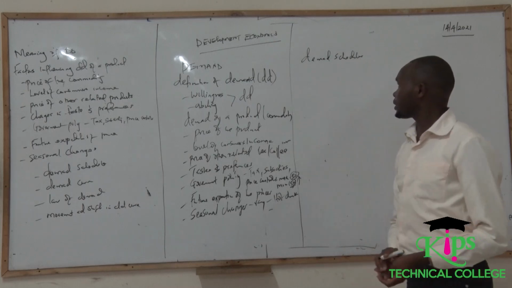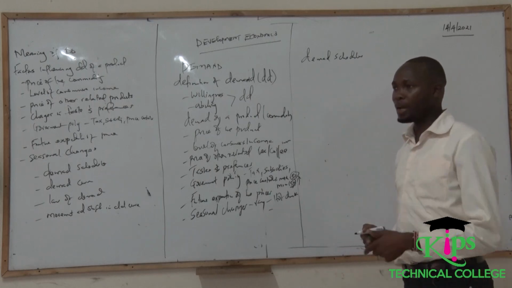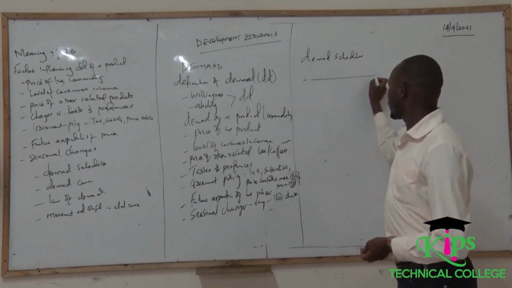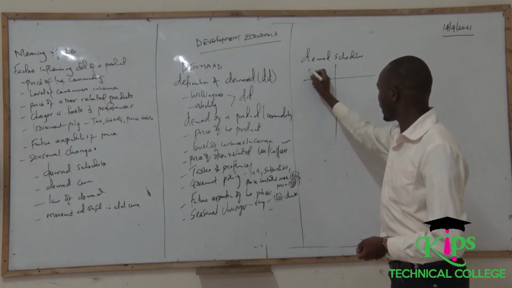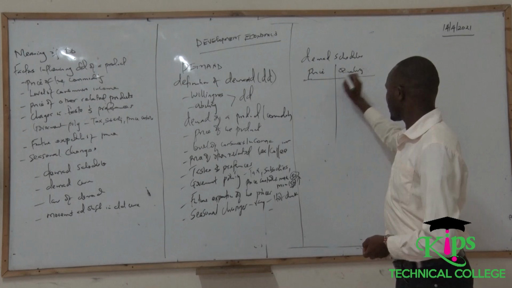Now, the demand schedule is a table showing the relationship between the prices of a product and the quantities to be demanded. It always shows the demand schedule of a given product. So we can have the price and we can have the quantity.